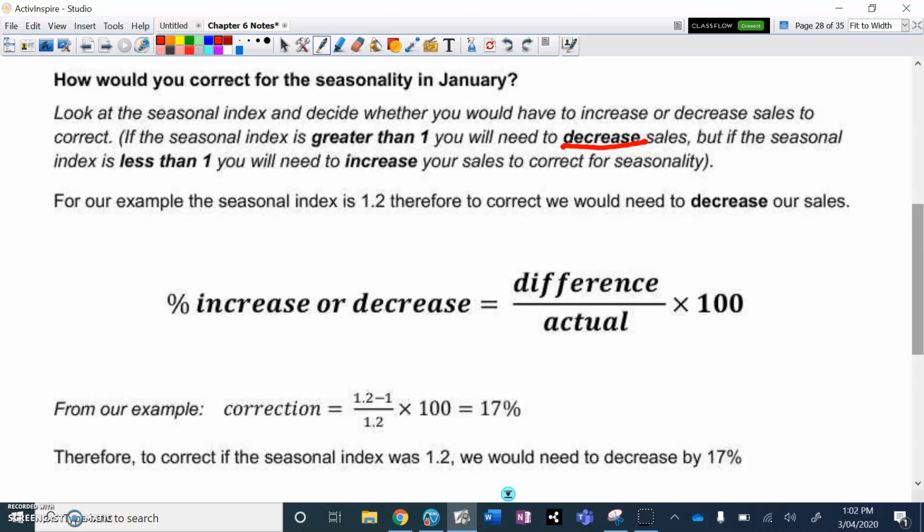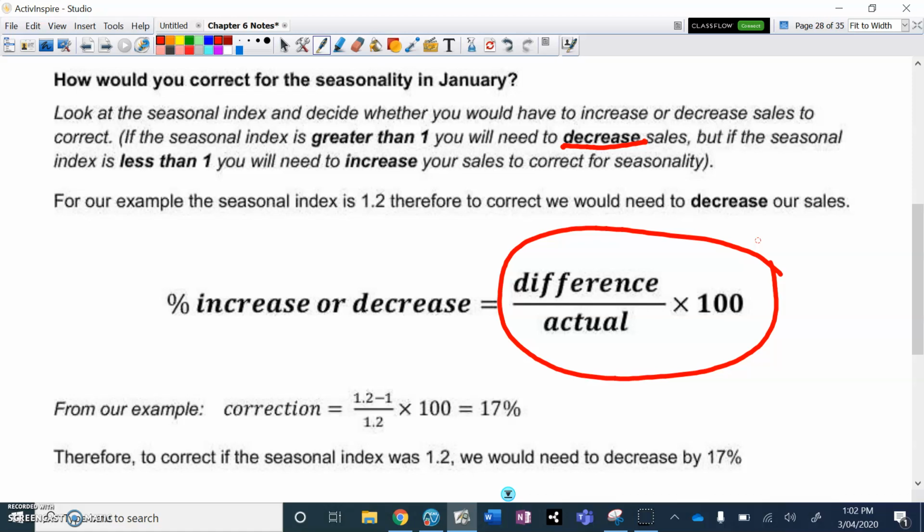So we need to use the little formula there, and we are figuring out the increase or decrease by looking at the difference between what the seasonal index actually is and 1, which is the average, and then dividing that by the actual and making it into a percentage.